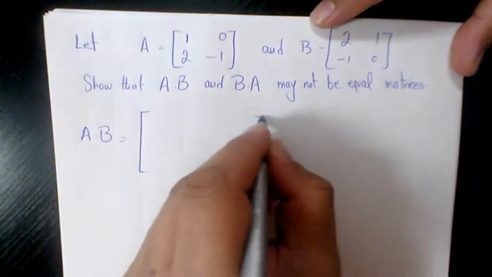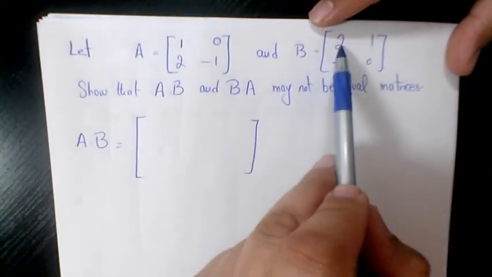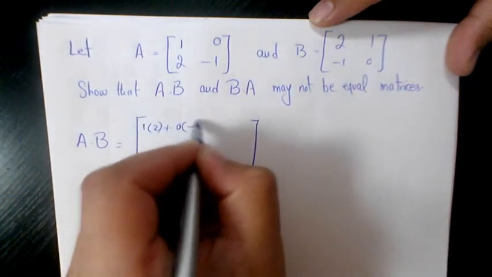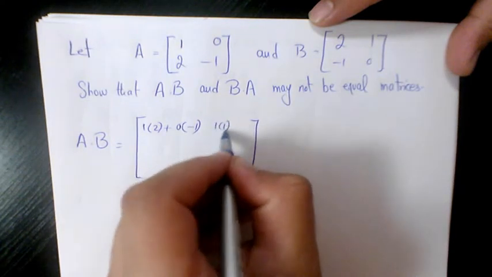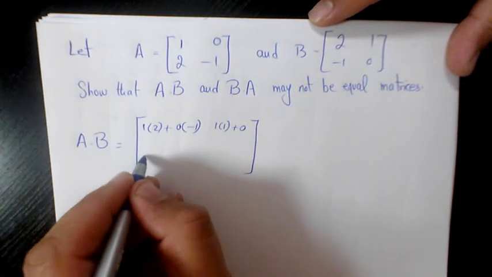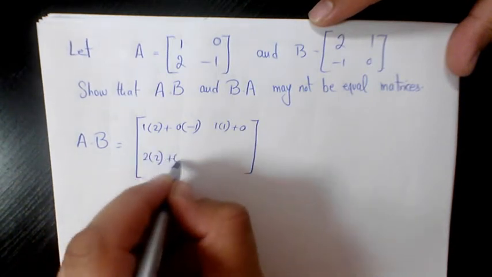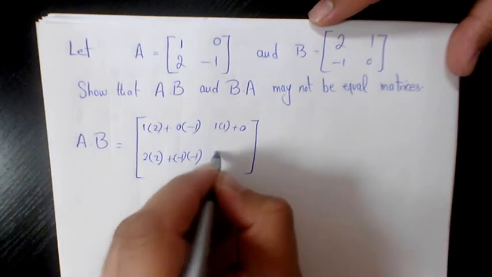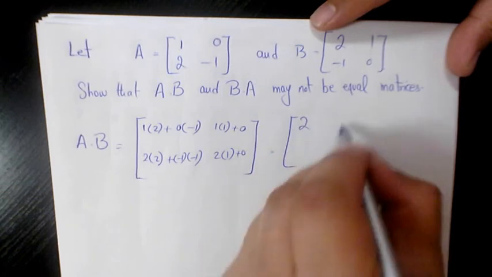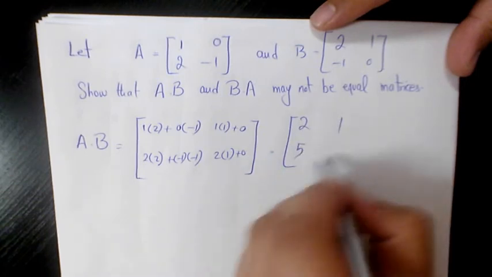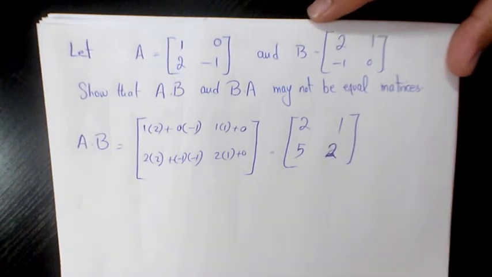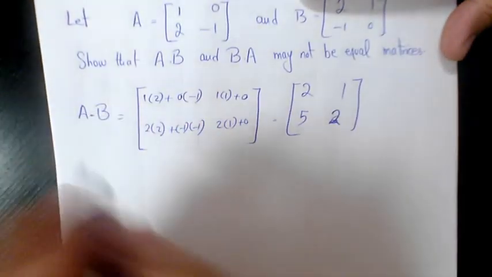Let's calculate. 1 times 2 plus 0 times negative 1. 1 times 1 plus 0 times 0. 2 times 2, negative 1 times negative 1. 2 times 1 plus 0. So that's going to be 2, 1, 5, 2. That's going to be A times B.